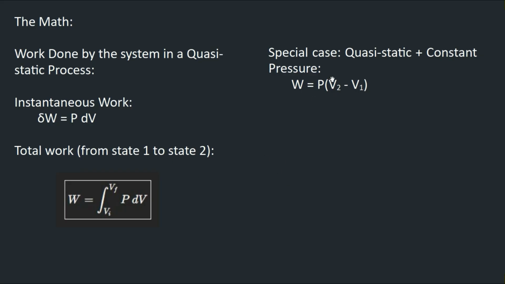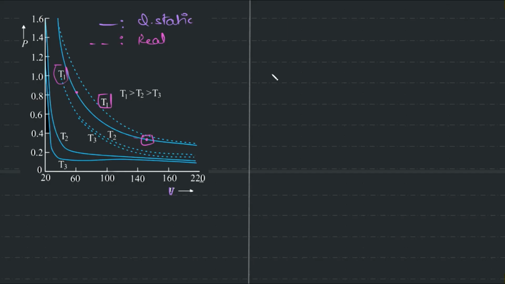There are specific cases like quasi-static plus constant pressure, where you end up with this formula. So let me explain that. See, basically if I have to study work, it's force into displacement. It's the most fundamental formula that we know. Now, small work over here is pressure times a small change in volume. Right? So again, we can derive this formula from the above.